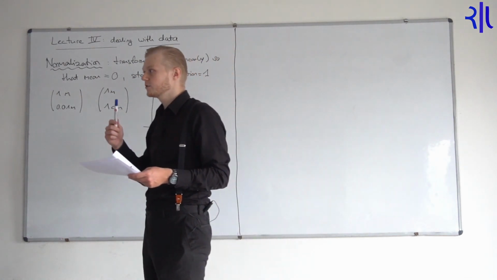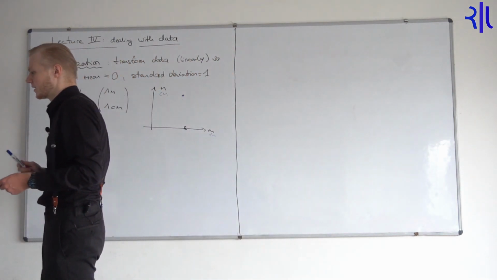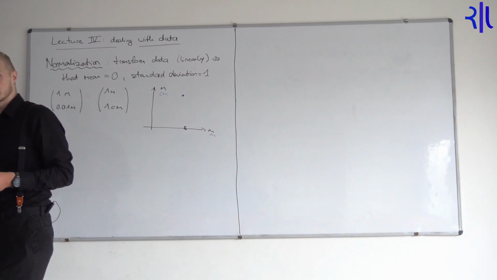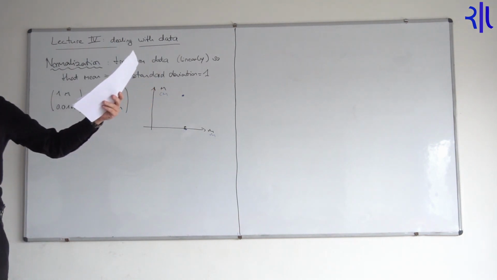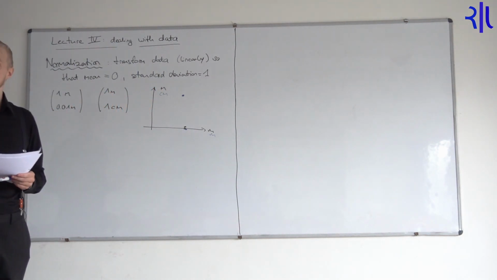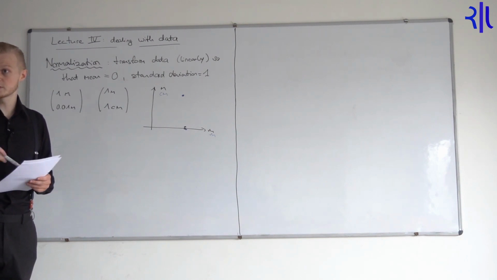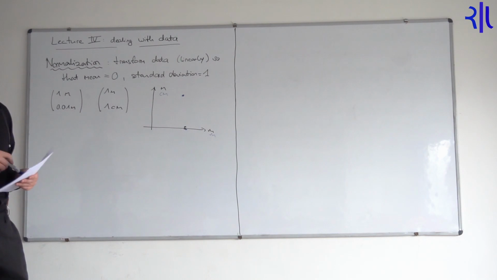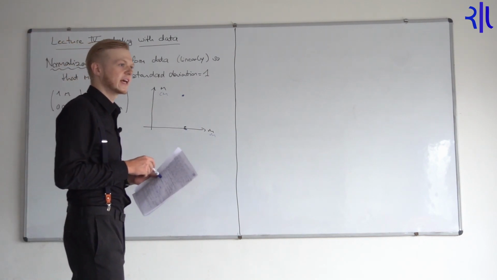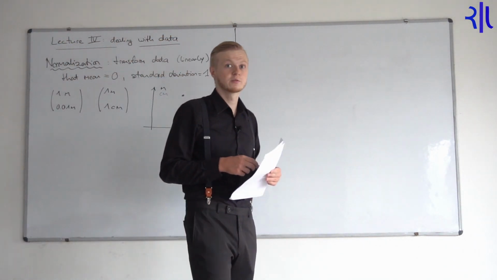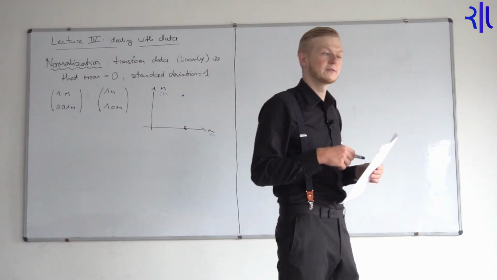If you had used kilometers instead, all of a sudden you would need a way bigger coefficient. And when you use something like a regularization, that will be extremely punished. So some methods actually need that your data is normalized in order to work properly, if you don't know anything else.